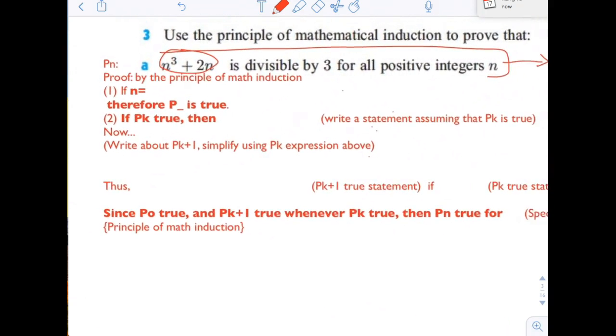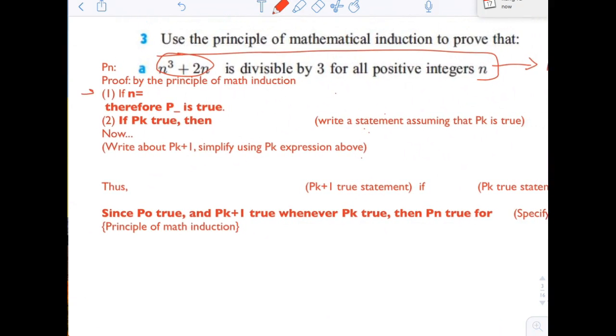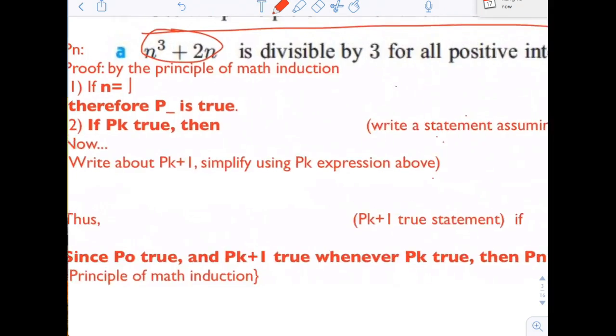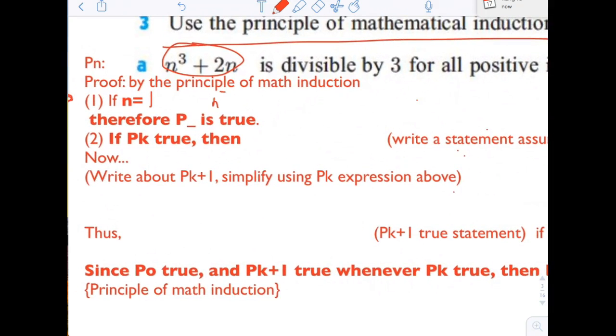So for the first statement, the base case, we're going to say that n equals 1. And then we're going to try to state what that means. When n equals 1, let's see if that's true. So n cubed plus 2n, if we substitute n equals 1 into it, would be 1 cubed plus 2 times 1, which is equal to 1 plus 2, which is 3.